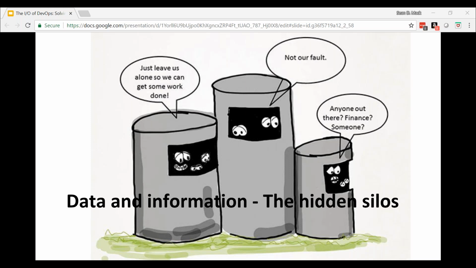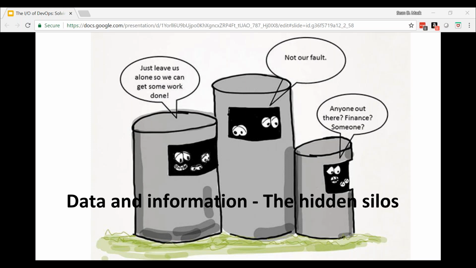There are also divisions within the technical teams, where ops has data about one thing and dev has data about another, and even down to different teams within those groups.